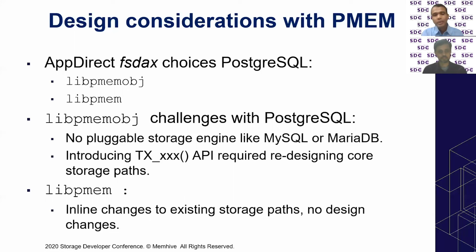Using the transactional API in existing Postgres IO paths itself would lead to significant rewrite of those paths. Whereas using the more low-level libpmem API would allow us to more easily modify Postgres storage paths without changing its design.